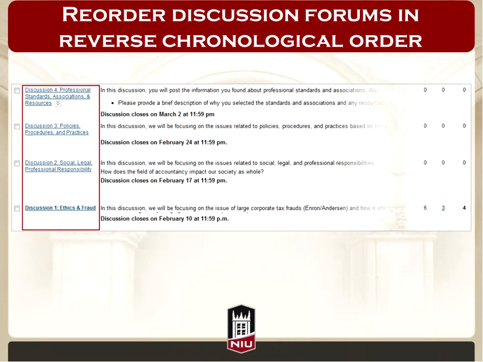They're just going to see it right at the top. It creates a subtle priority for them as to which one is the most important to look at. When you create forums in Blackboard, generally they get listed in chronological order, so you have to manually reorder them in reverse chronological order.